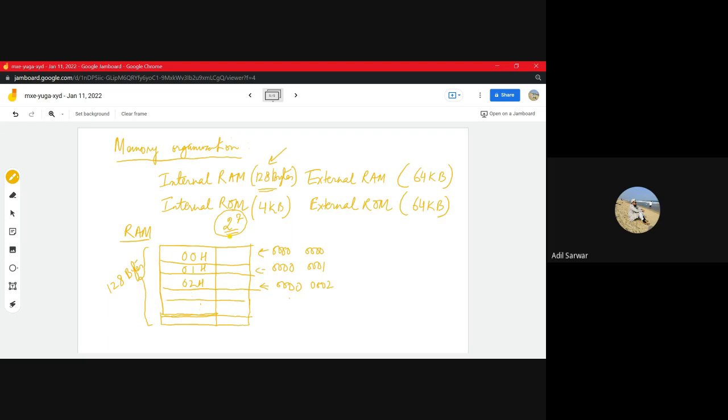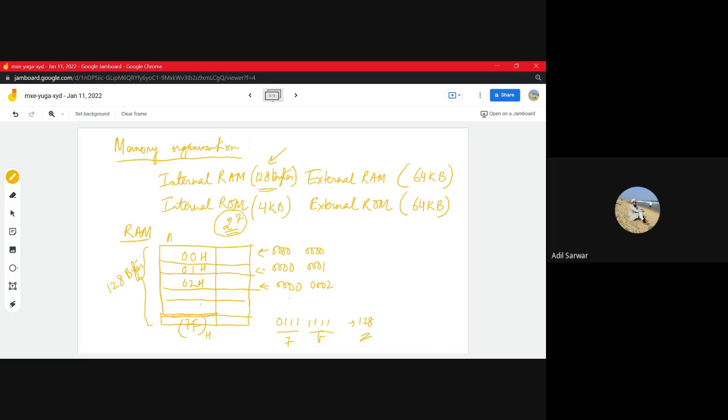Now 2 to the 7 means there will be 7 ones. So 4 ones here and 3 ones here, and then 0. In binary representation, 128 is this, isn't it? So that means this is F, and this is 7. So the last memory location here is 7FH. Fine.